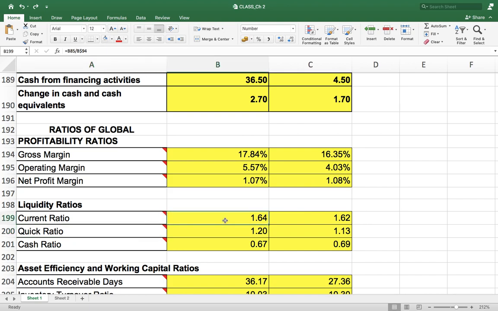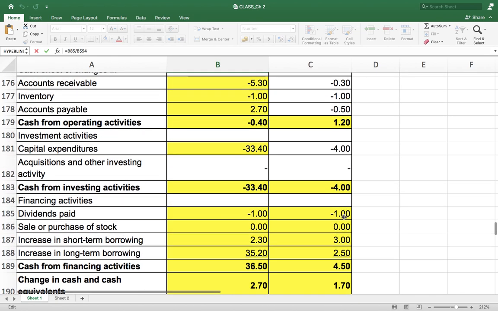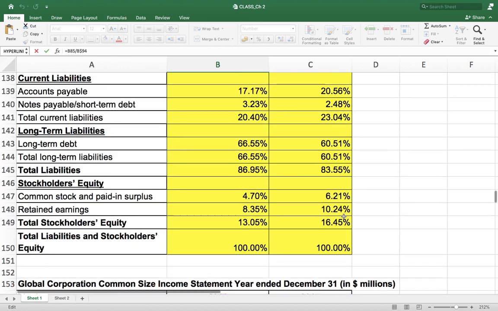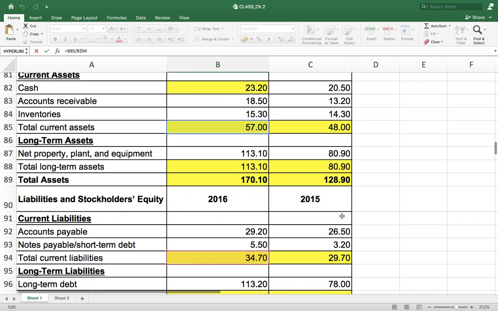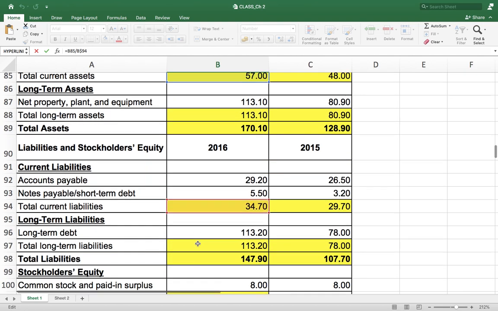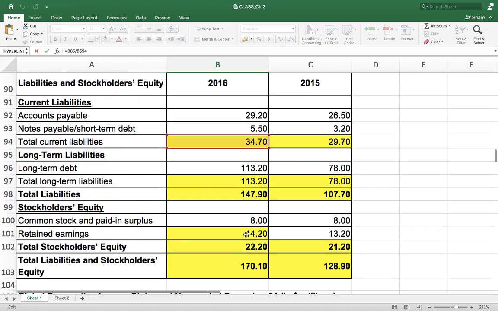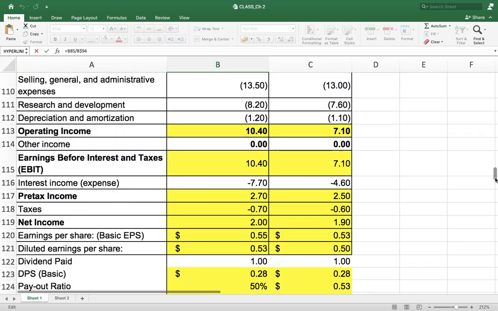So the current ratio is equal to B85 divided by B94. B85 is the current asset, divided by current liability, B94. Because we need not change the column, that's why we kept the column relative and froze only the row. Then we got the current ratio.